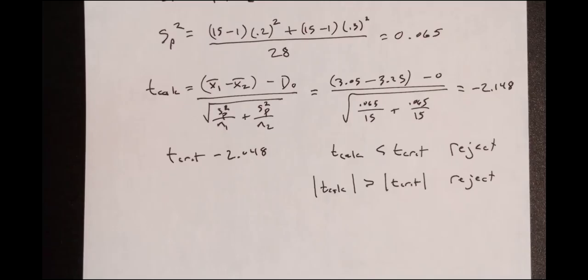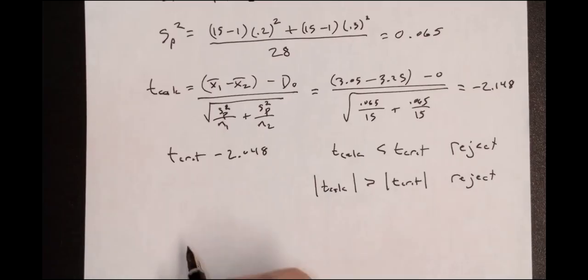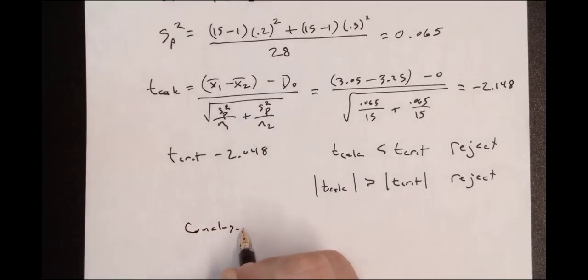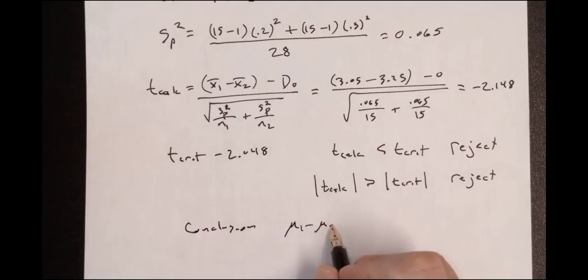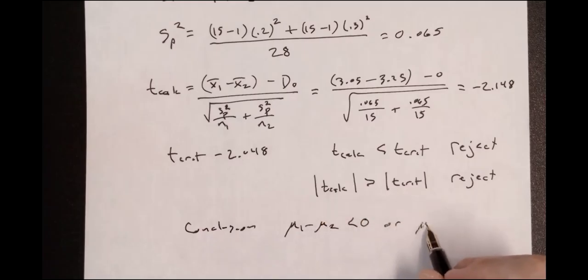So my conclusion is that there is a difference in the means. Mean for group one is less than mean for group two. It would help if, again, I knew which group was the juniors and which group was the seniors, so I could figure out, is there like senioritis setting in? Or are these people like, I got to go get a job, I need better grades, and pushing themselves harder? I don't know which group is which.